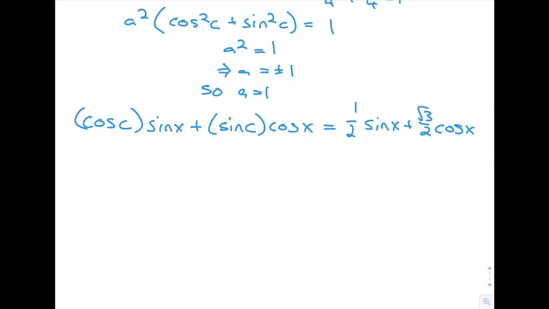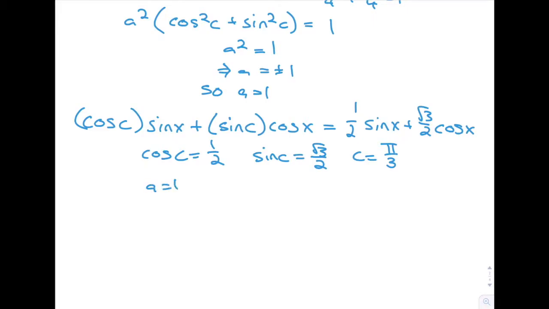Okay, so then the last bit is to say, if cosine c equals 1/2 and sine c equals root 3 over 2, if we take inverse cosine of 1/2 and inverse sine of root 3 over 2, we'll find that c equals pi over 3.